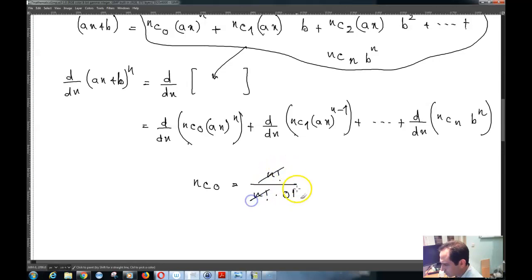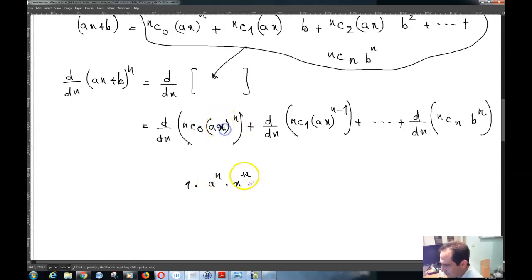So these two will be cancelled out. So this is equal to 1, some constant. So that means that you are taking the derivative of, for example, 1 times a raised to the power n times x raised to the power n.